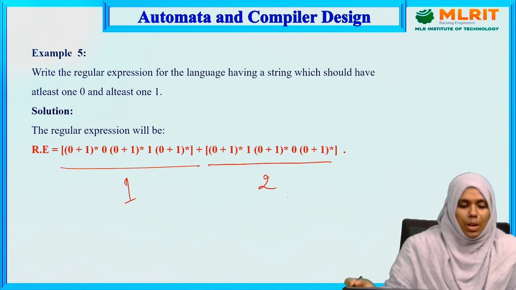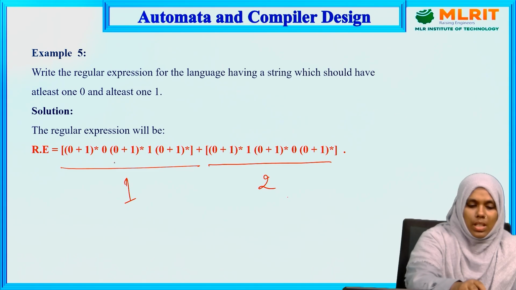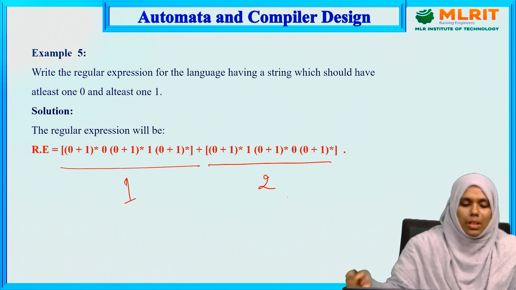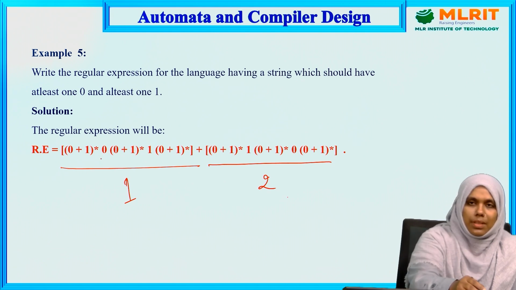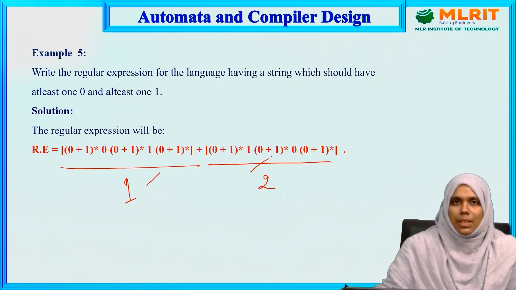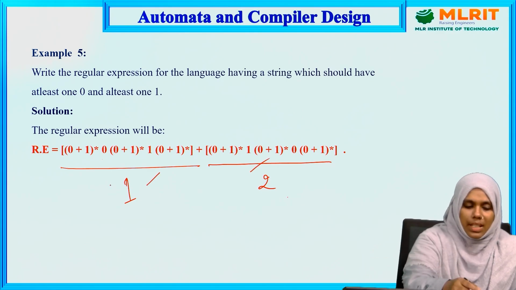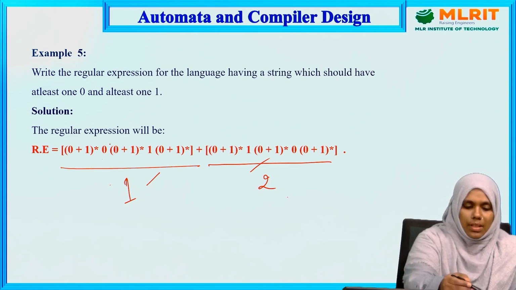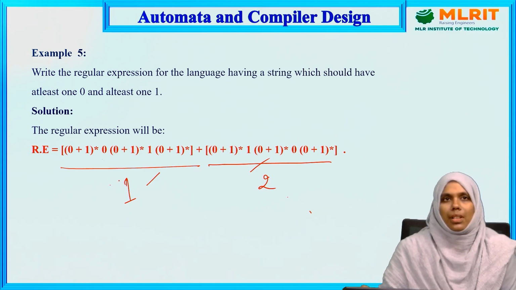For at least one 0 and one 1, the regular expression is (0 plus 1) whole power star 0 (0 plus 1) whole power star 1. If 0 is first, we take this one. If 1 is first, this is the one. Plus means either this can be the answer or this can be the answer, so both combinations, whether 0 comes first or 1 comes first, we have written into one.